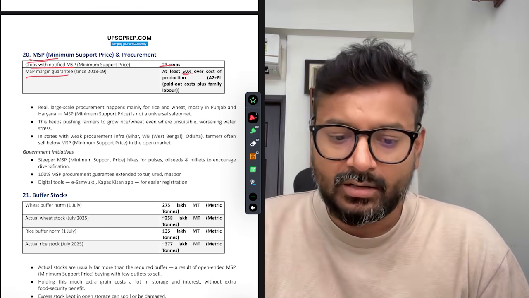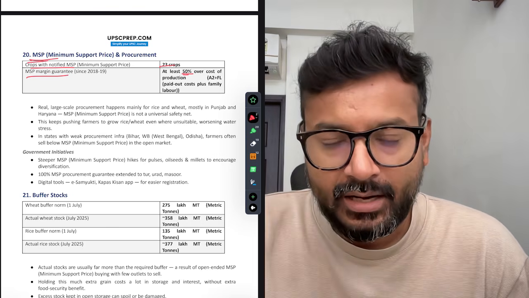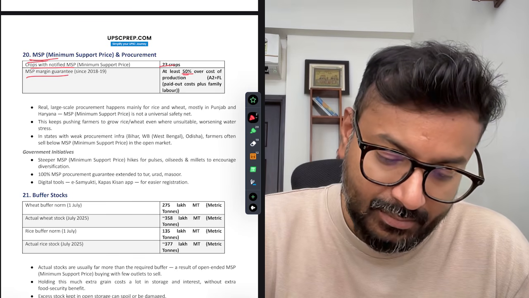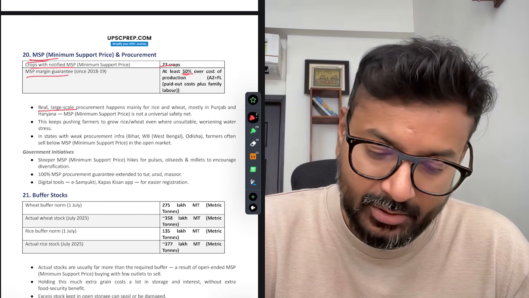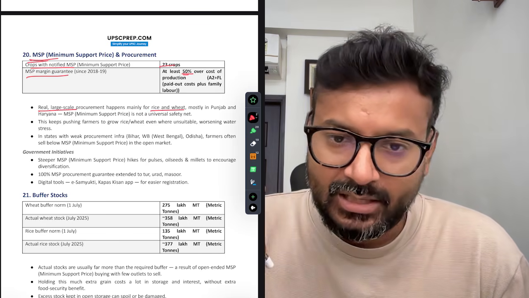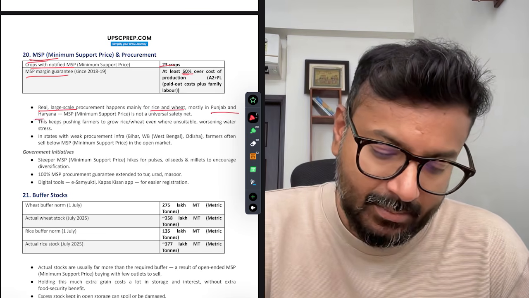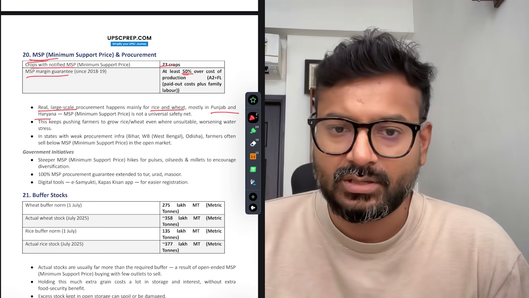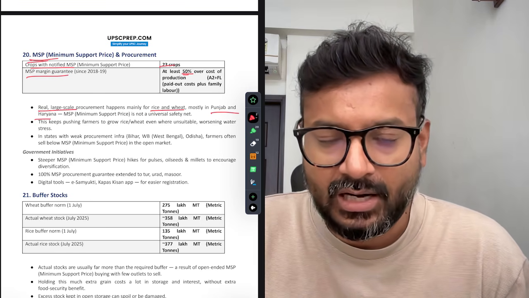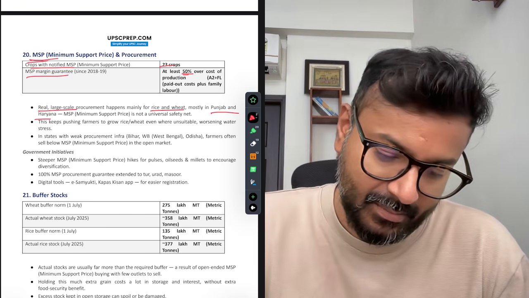But although the government announces MSP for 22 crops plus sugar, the real large-scale procurement only happens for rice and wheat, mostly concentrated in the states of Punjab, Haryana, and Western Uttar Pradesh. So MSP is not a universal safety net for other parts of the country. Generally, it is not available.